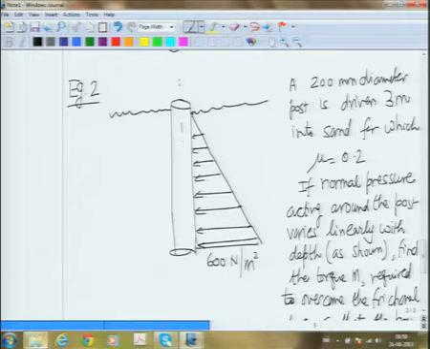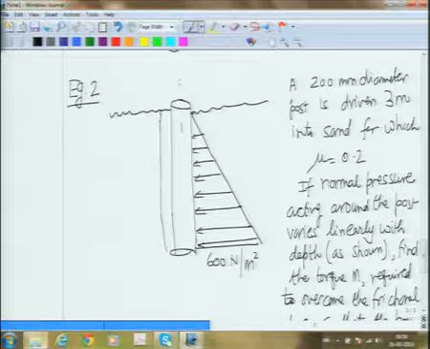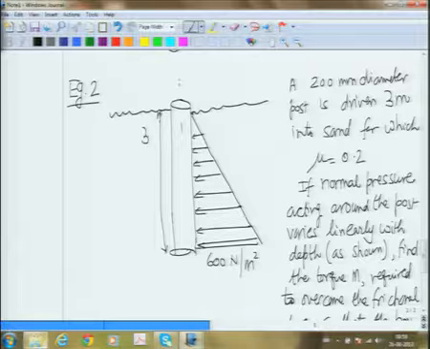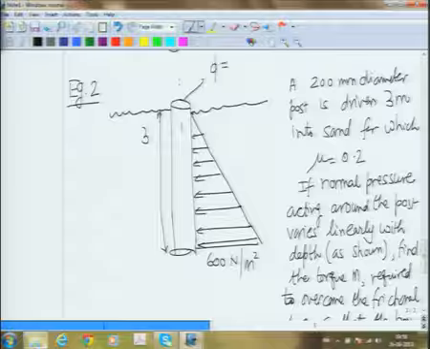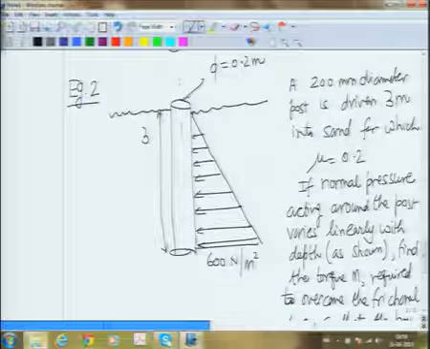It starts from 0 and at a depth of 3 meters. So this is 3 meters and this diameter is given as 0.2 meters.